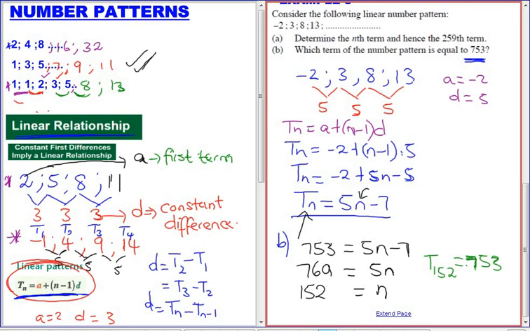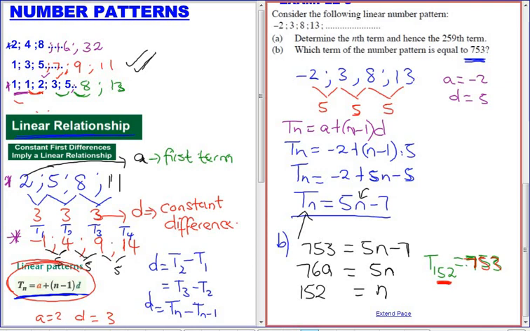The position of 753 happens to be 152. So it's on the 152nd position, and then this one here is the term itself, the 753. Okay? It should be easy to notice.